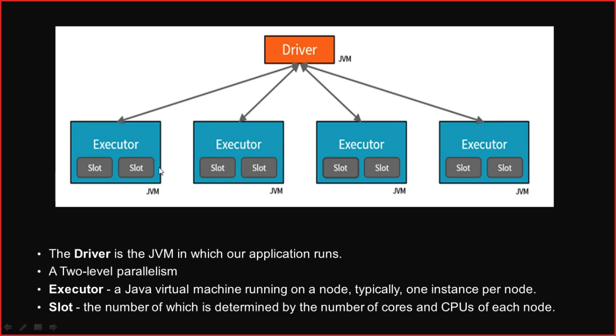As you might recall, in operating systems we have processes, and inside processes we have threads. So it's a similar kind of thing. First we have drivers, inside that we have executors, and inside executors we have slots. This way two-level parallelism is achieved, and the number of slots is determined by the number of cores or CPUs of each node.